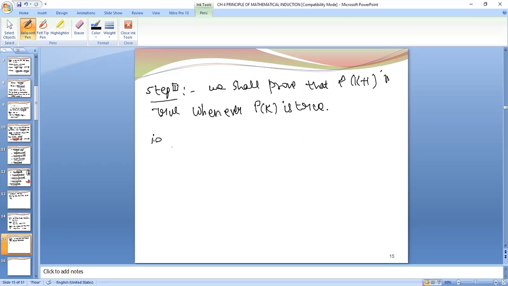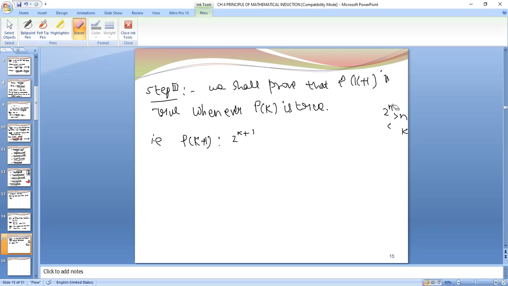That is, P of k plus 1 is such that 2^(k+1). Now we have to prove that this 2^(k+1) is greater than k plus 1, because we are given that 2^k is greater than k, 2^n is greater than n. This we have been given. So we have to prove that 2^(k+1) is greater than k plus 1.